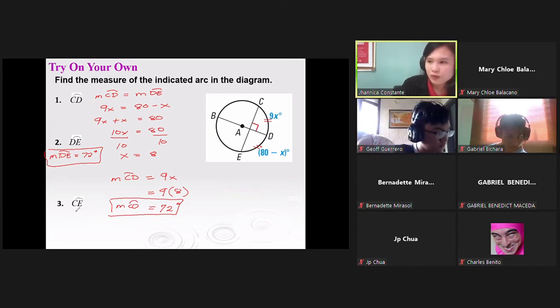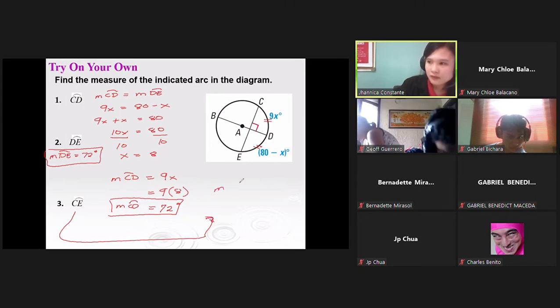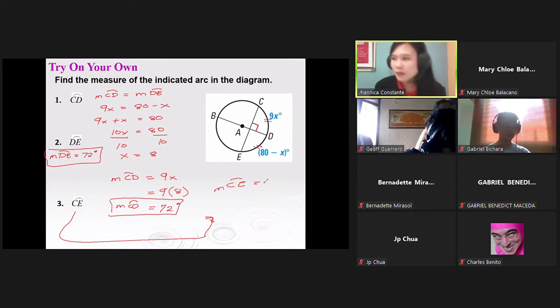So the measurement of arc CE is equal to the sum of arc CD and arc DE.